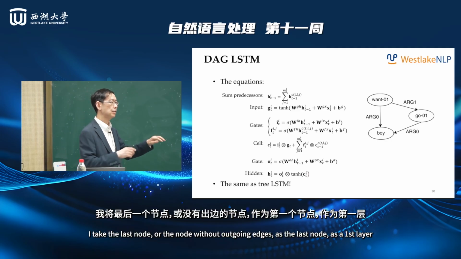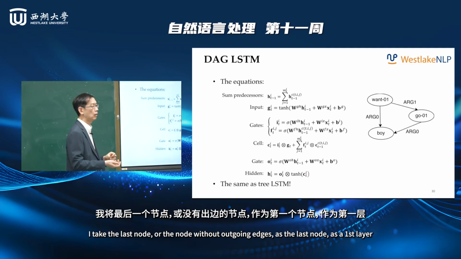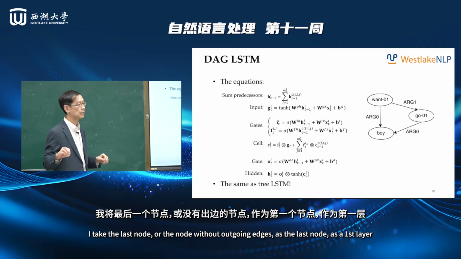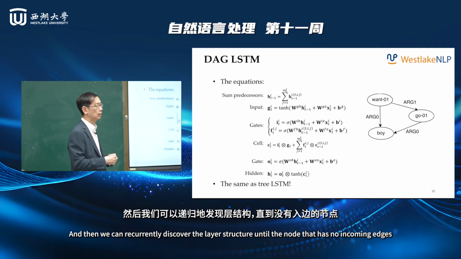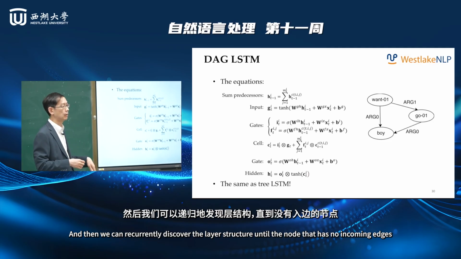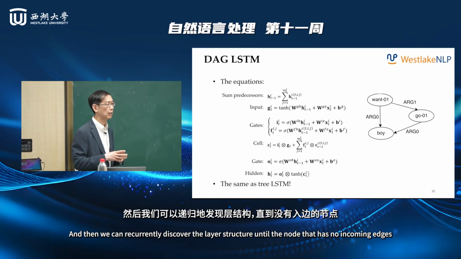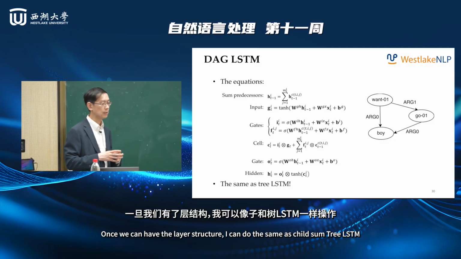I take the last node, or the node without outgoing edges, as the first layer. And then we can recurrently discover the layer structure until the node that has no incoming edges. Okay, that's the top node. Okay, it's a directed graph.